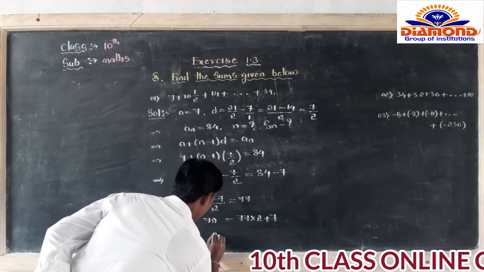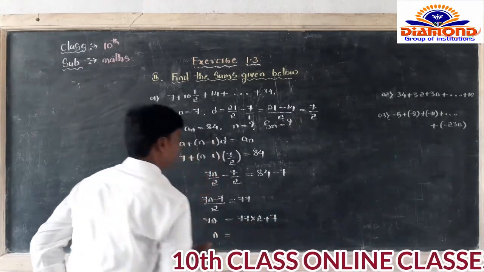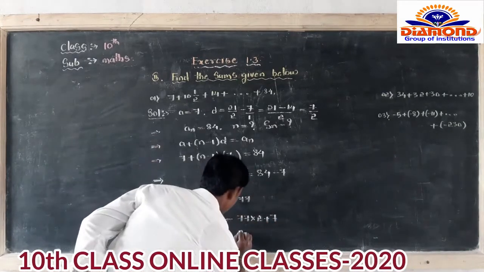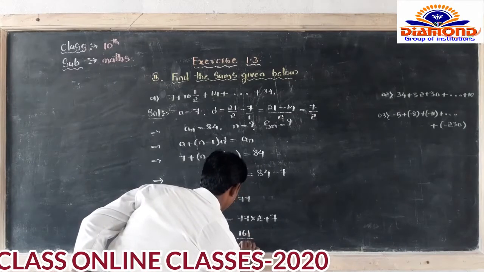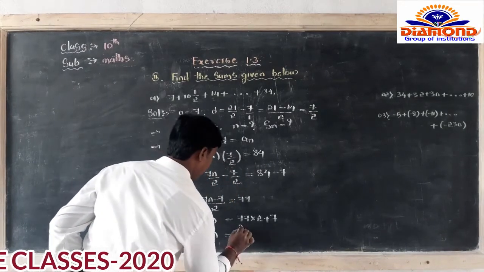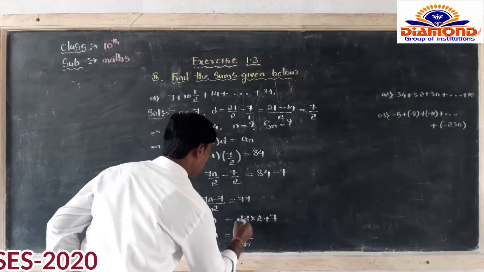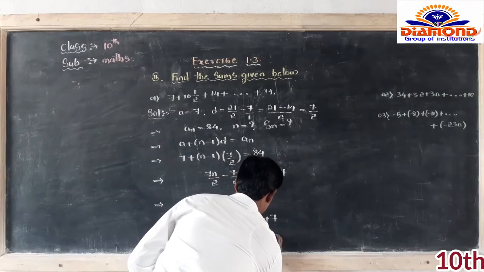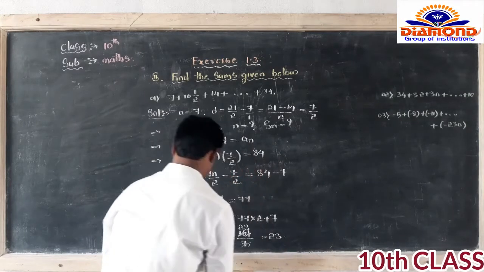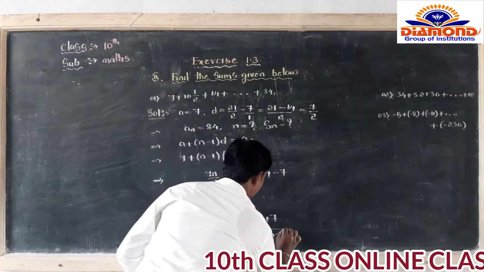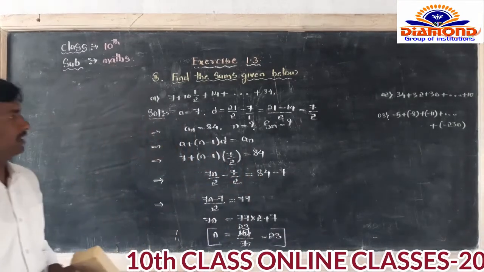Then n is equal to 154 plus 7, that is 161, divided by 7. 7 ones are 7, 7 twos are 14, 7 threes are 21. Means n is equal to 23. So 23 is the answer. Now we will find out the sum of the 23 terms.